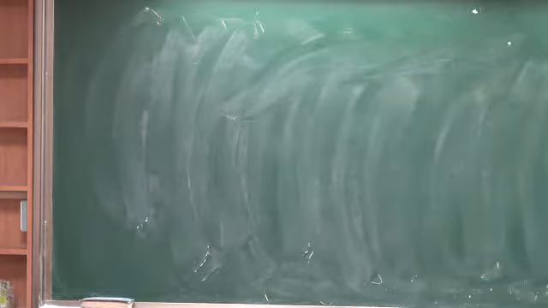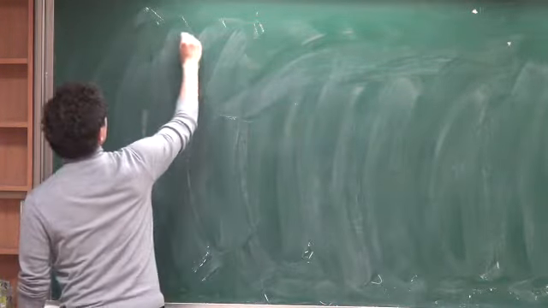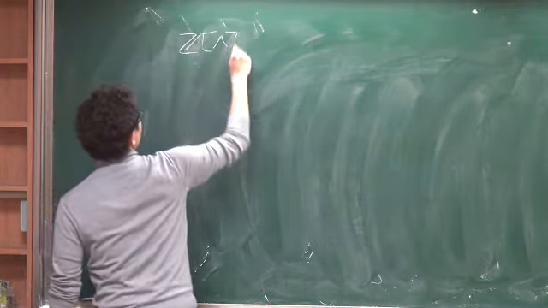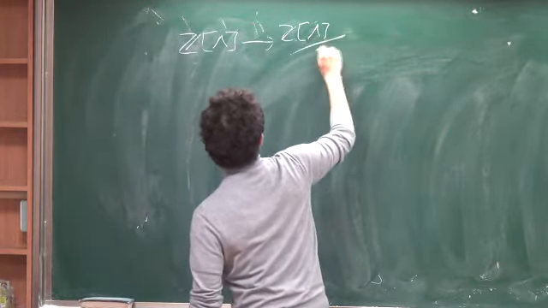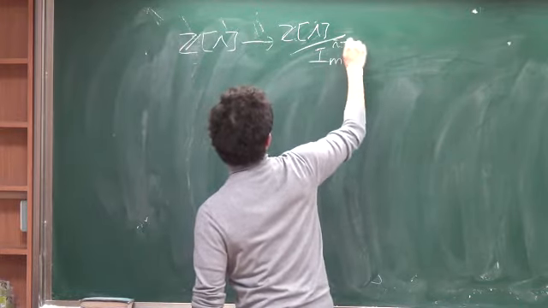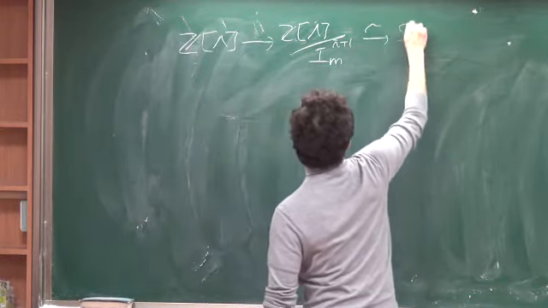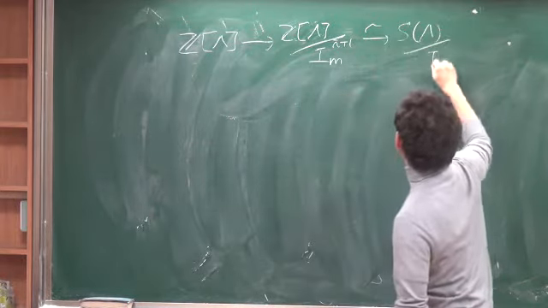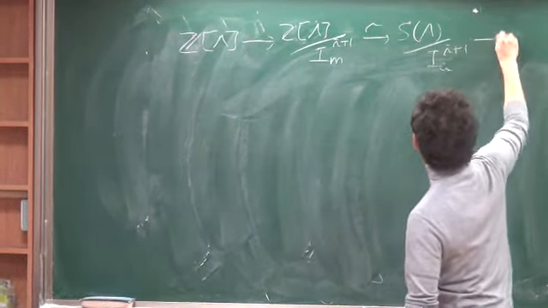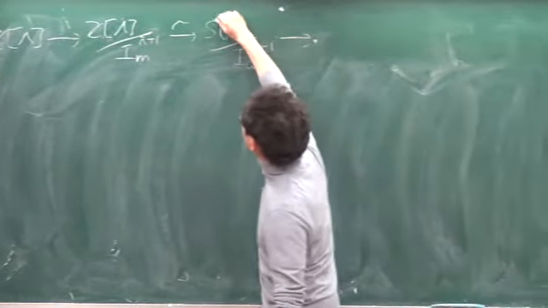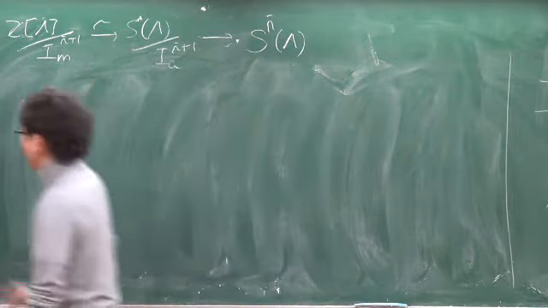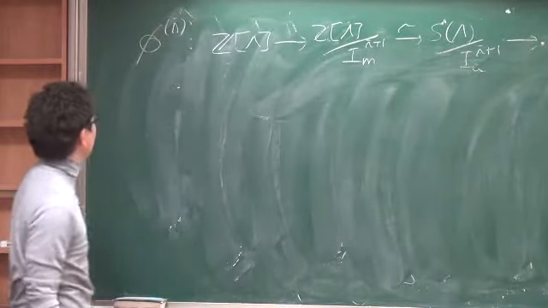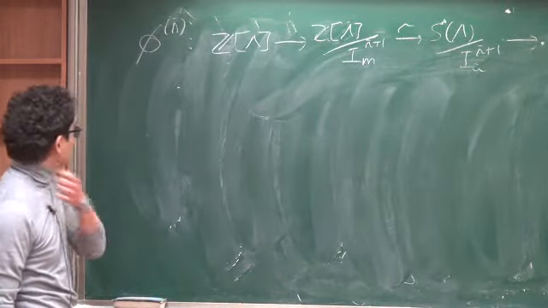Then we consider the composition map from the group ring to the quotient, to the i-th component of the symmetric algebra of degree i, and we simply denote it by phi i.